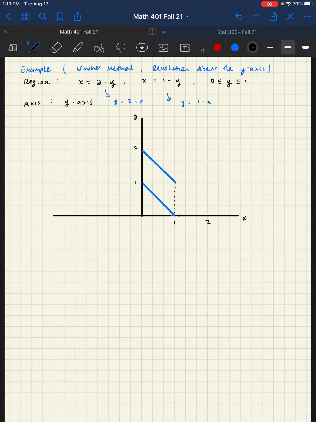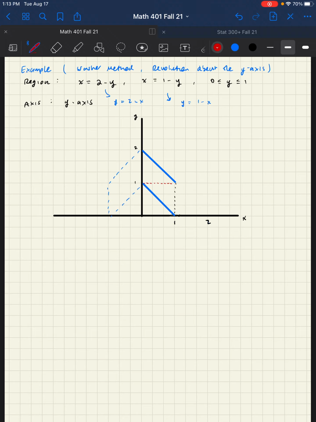So if we are setting up the integral here, notice that we're going to have to split it into 2. Why? When we're rotating about the y-axis, you get something like this, and it's going to form a cylinder shape of sorts with the middle bored out.